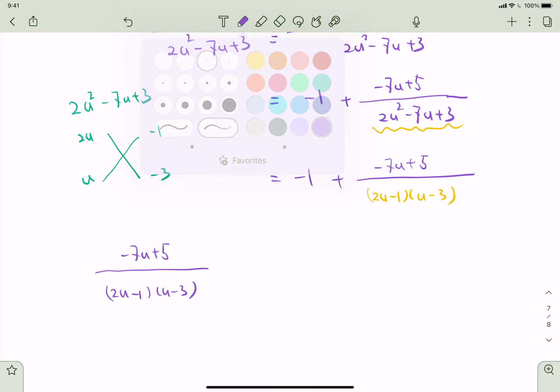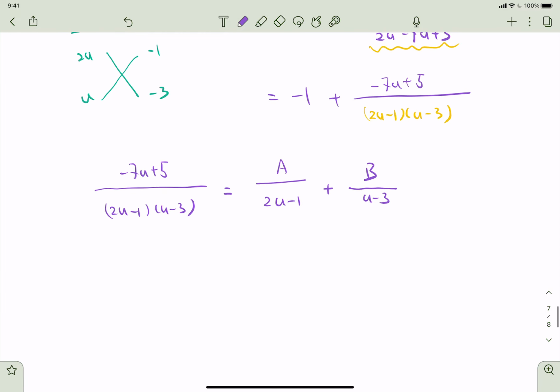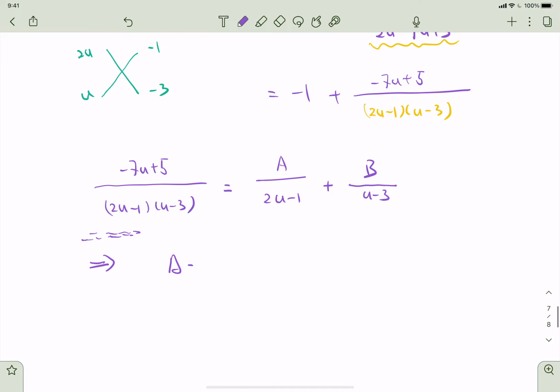So this is set equal to the first factor, a over 2u minus 1, plus the second factor, b over u minus 3. Then just skip this computation, you know how to compute it. We get that a is equal to negative 3 over 5, and b is equal to negative 16 over 5.